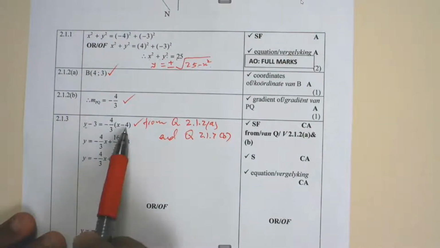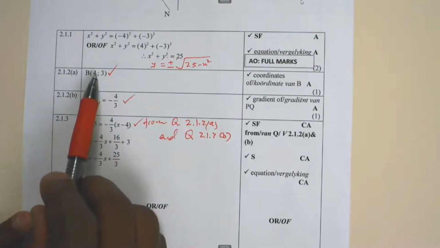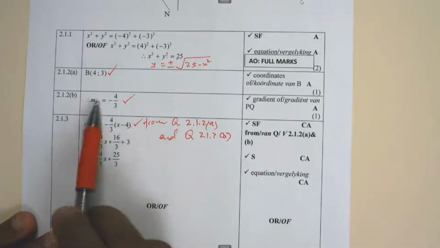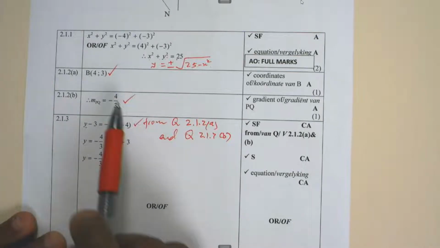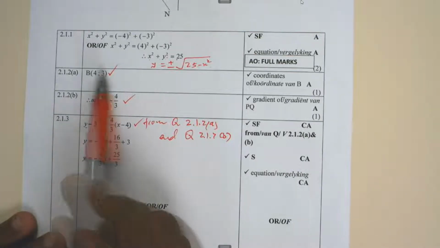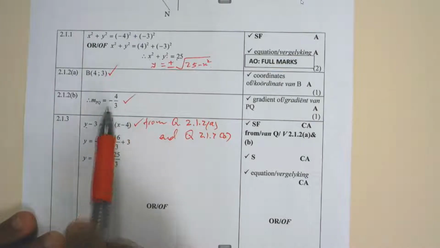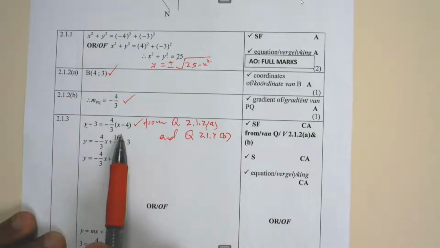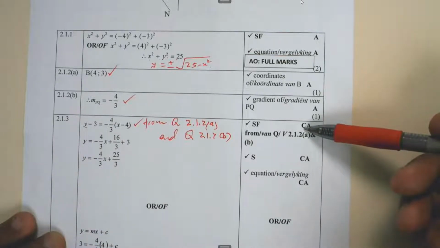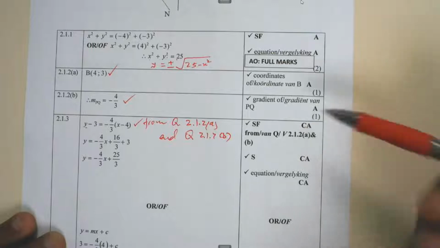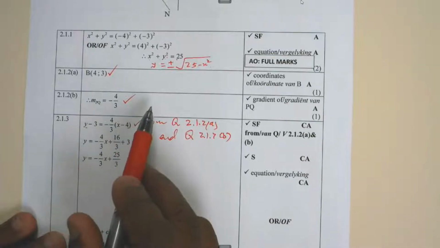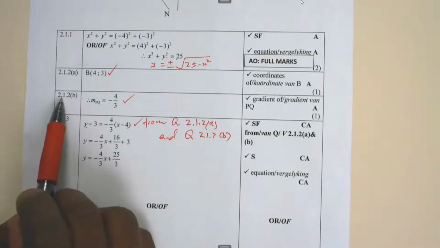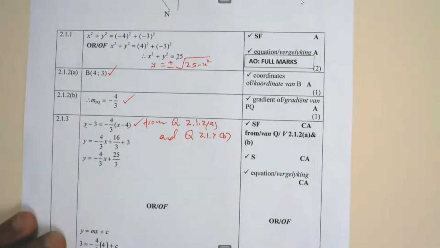Because the answer here depends on the coordinates of B. The gradient depends on the answer the learner got in 2.1.2b. Therefore, if the learner's coordinates are wrong, the gradient is wrong, but these wrong coordinates and wrong gradients are correctly used in 2.1.3, it becomes a consistent accuracy mark. Therefore, this learner will get a mark here based on the answers obtained in 2.1.2a and 2.1.2b. Therefore, it will be a continuous accuracy mark.